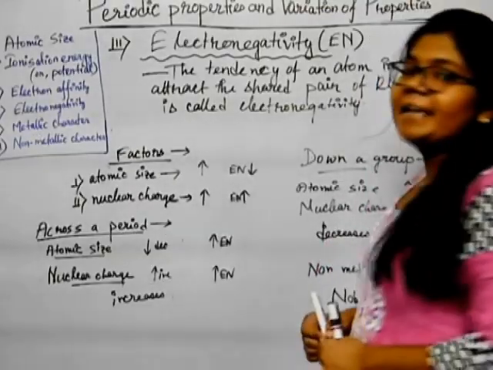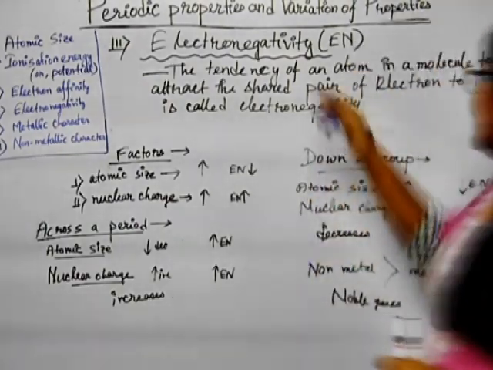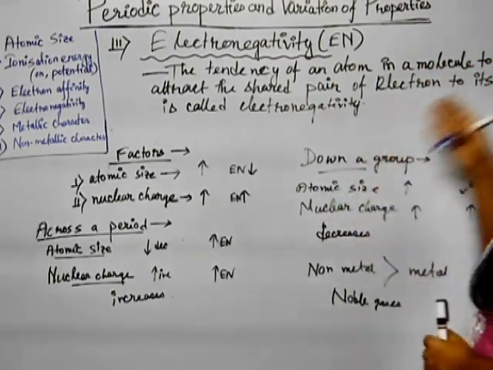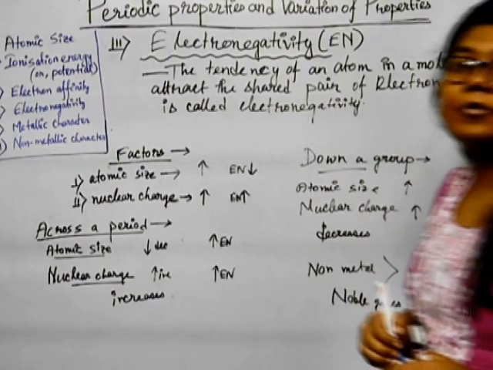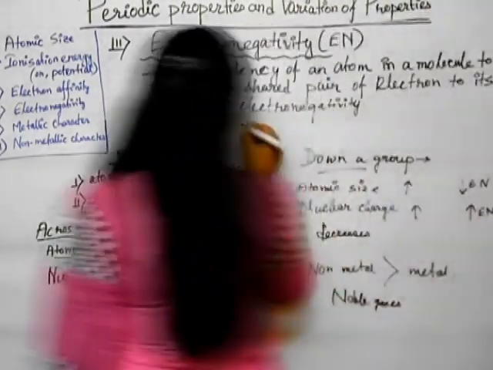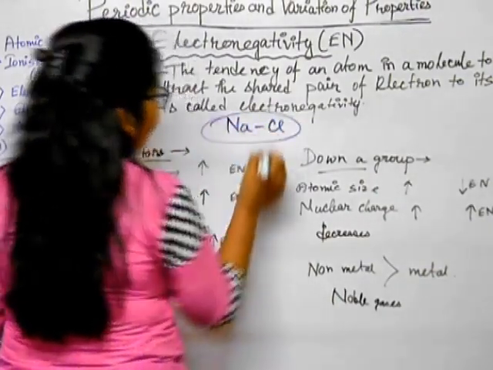So come to the next property, electronegativity. What is electronegativity? The tendency of an atom in a molecule to attract the shared pair of electrons to itself is called electronegativity. For example, if we consider NaCl, this is the molecule.